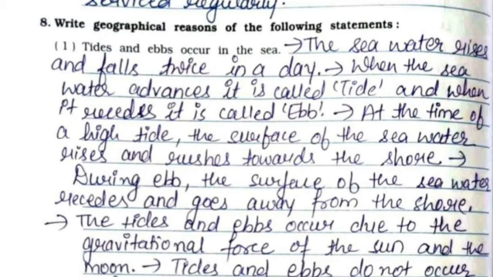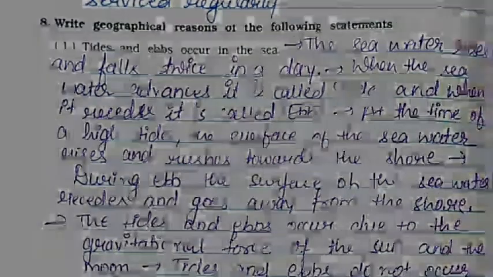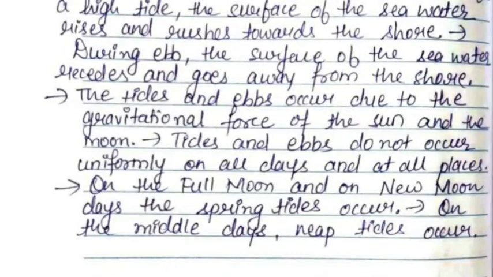During ebb, the surface of the seawater recedes and goes away from the shore. The tides and ebbs occur due to the gravitational force of the sun and the moon. Tides and ebbs do not occur uniformly on all days and at all places. On the full moon and on new moon days, the spring tides occur. On the middle days, neap tides occur.